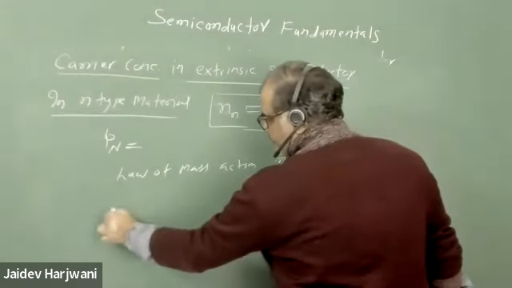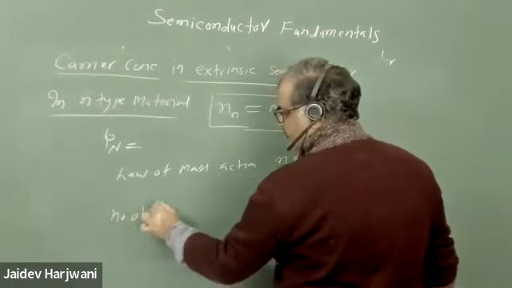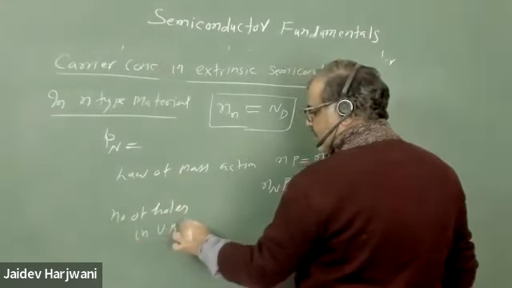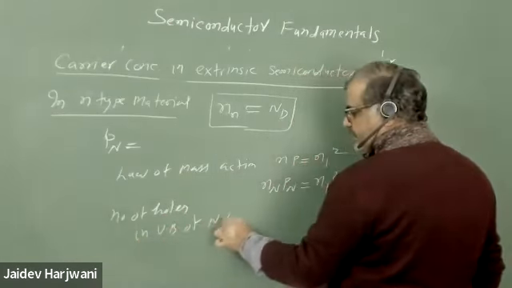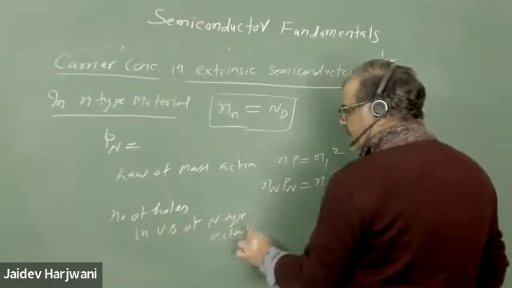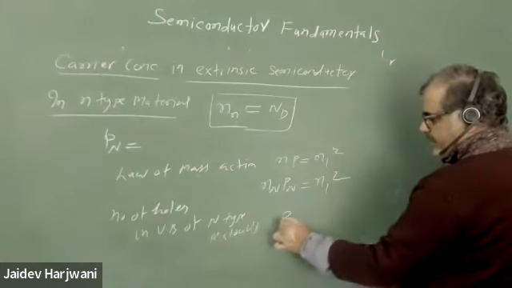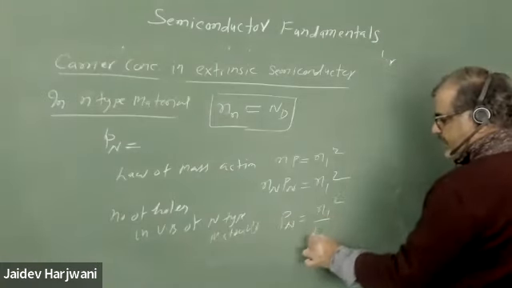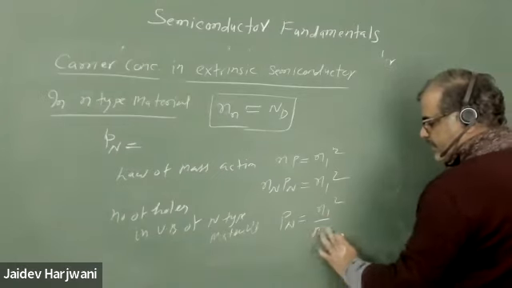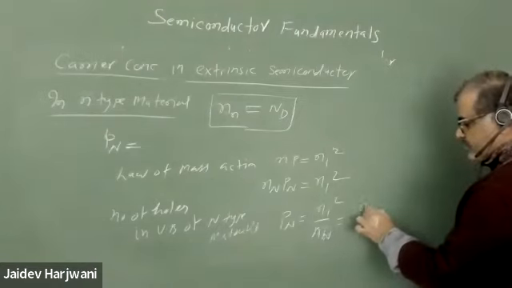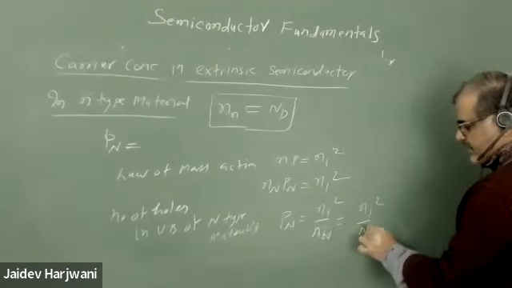So if I want the number of holes in the valence band of n-type material, that will simply be Pn, and Pn will be ni square upon Nn, and Nn I told you is equal to Nd, so ni square by Nd.